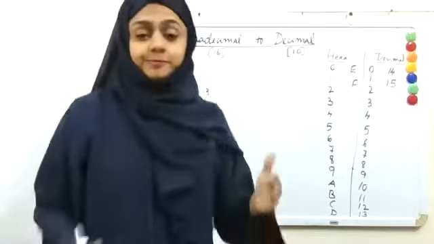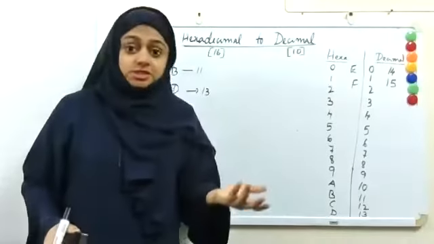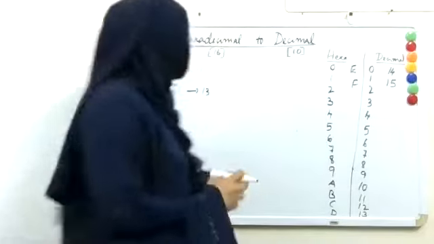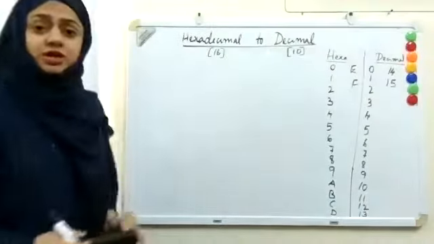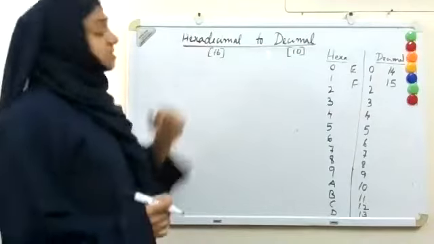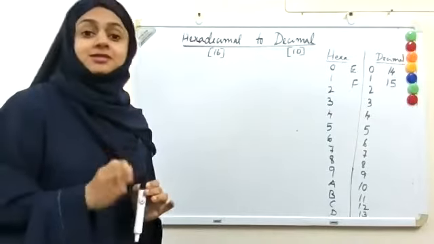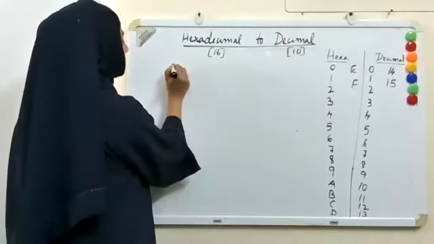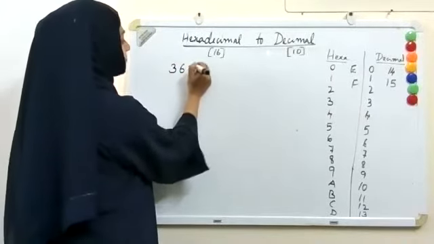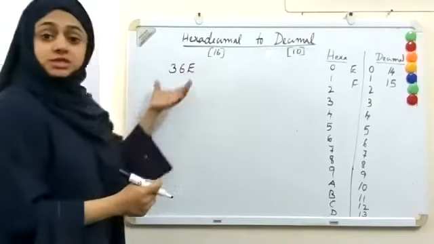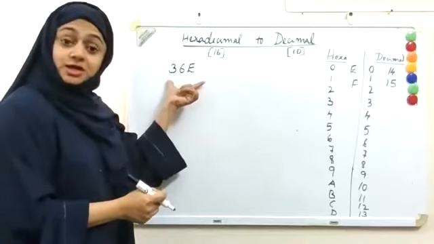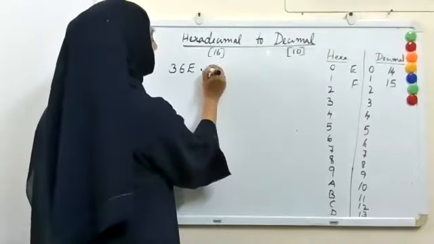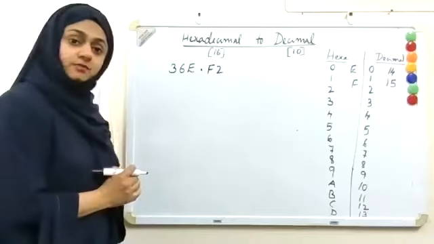Now let us see if there are more digits and if there are points, or decimal places. How to convert? For example, let me take a hexadecimal number, 3, 6, E, point, F, 2.